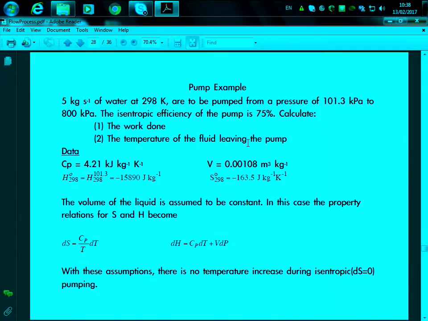So we have this data that was given to us, and in here we will assume that the volume of the liquid is constant, because we are talking about an incompressible fluid, and in this case the property relations of S and enthalpy become easy because of these facts. With this assumption, there is no temperature increase during isentropic pumping. So dS equals 0.